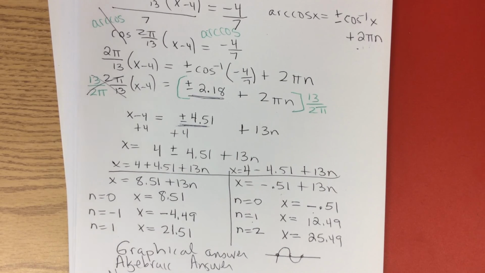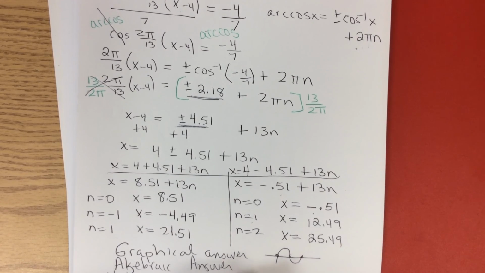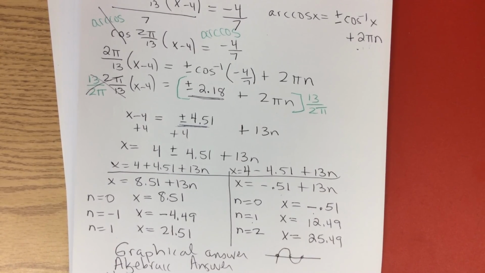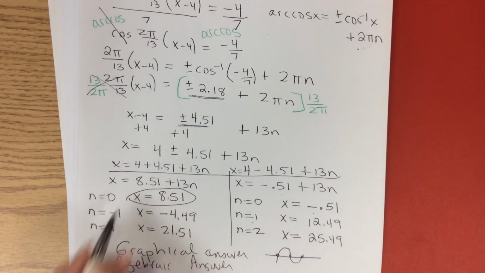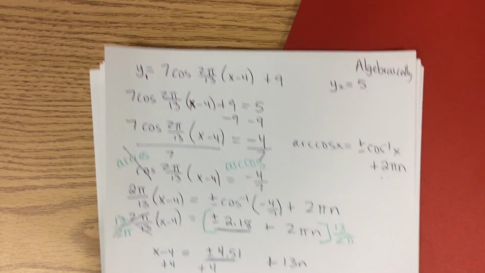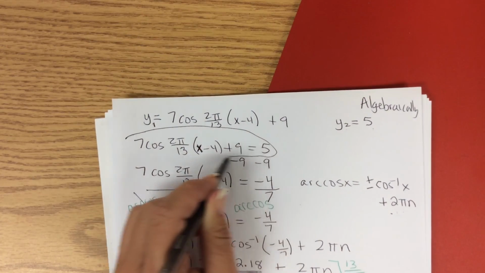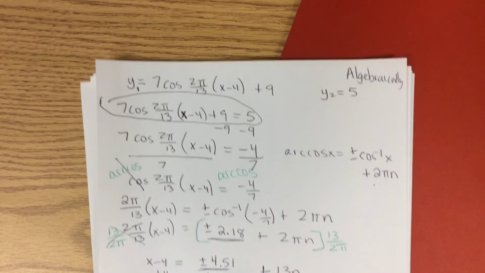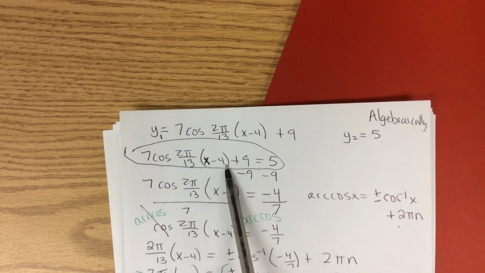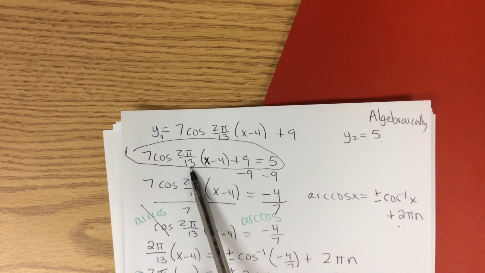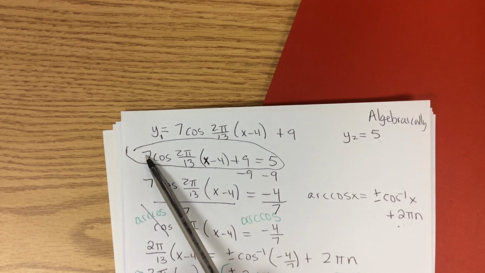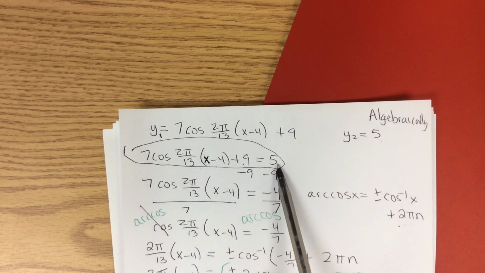Numerically means plug the number in. So let's say you wanted to prove 8.51 numerically. It would mean go back to the original problem, plug in 8.51 as x, subtract 4, multiply it by 2 pi over 13, take cosine of it, multiply it by 7, add 9, and you should get 5.